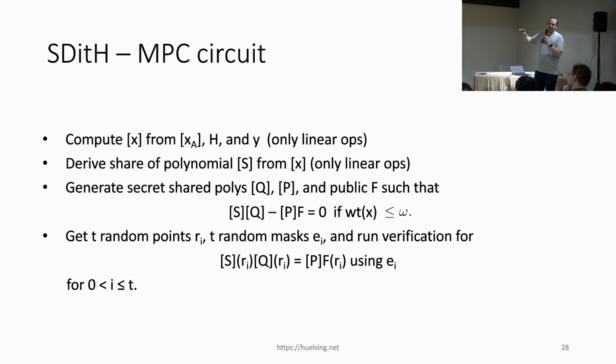The public polynomial f doesn't need to be secret shared because it's just known. Then I can use the protocol we had before to evaluate this product of polynomials and check that this gives me another polynomial. This is the function that the SDVAD protocol does. It builds a zero polynomial and checks that it's really the zero polynomial by evaluating it at a bunch of points.